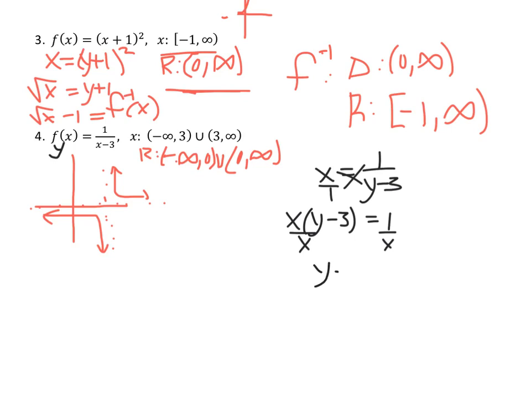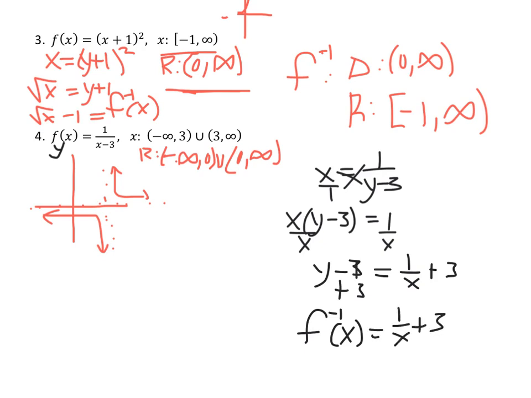So I have y minus 3 equals 1 over x. Now I can add 3 to both sides. So my function's inverse would be f inverse of x equals 1 over x plus 3. Okay. And my f inverse's domain, remember, is just the range of the function.